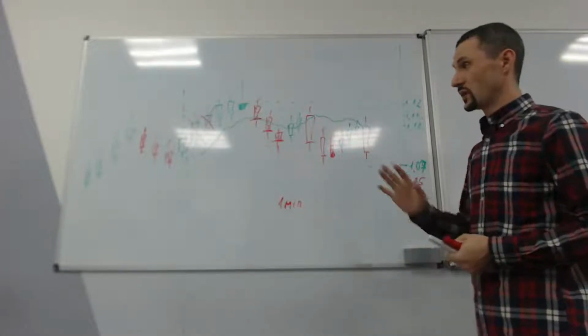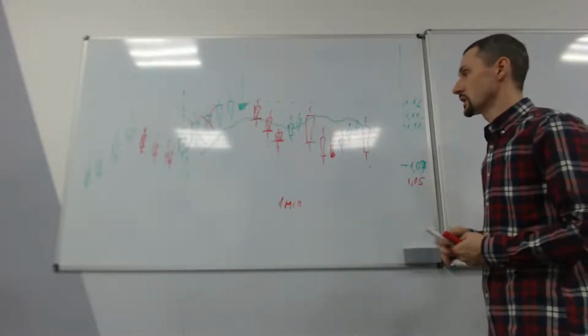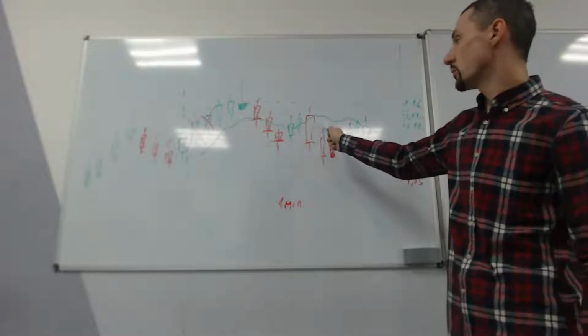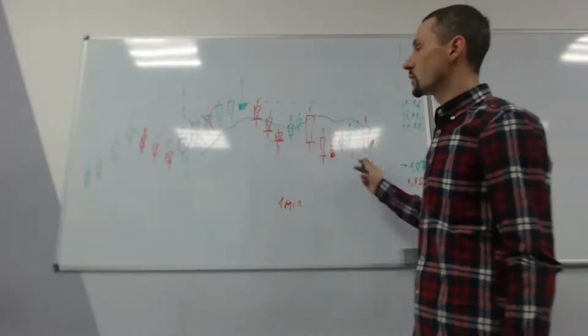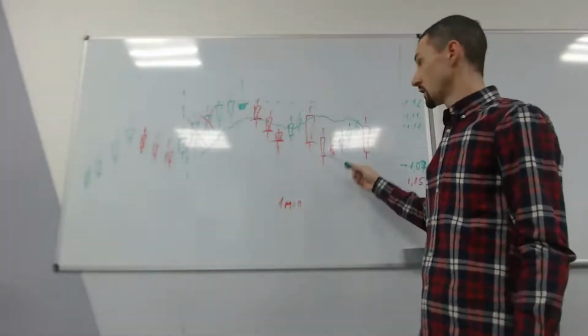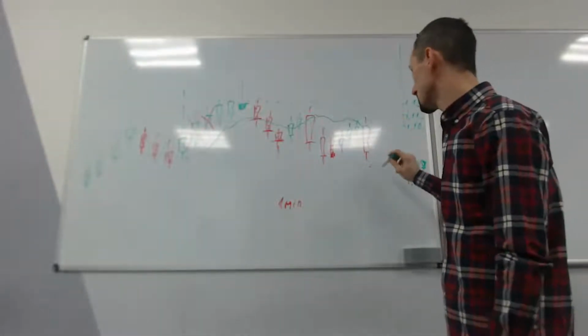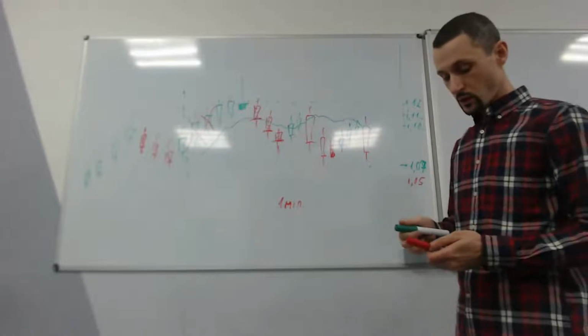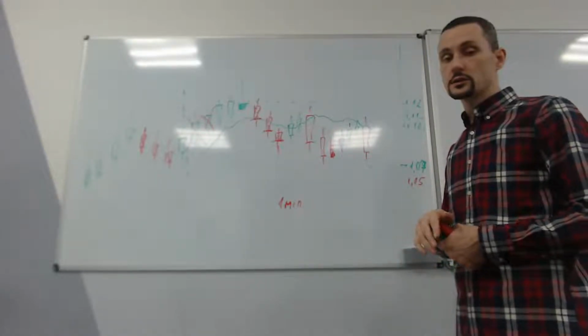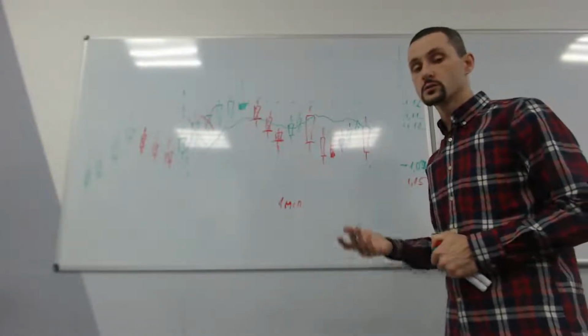But mostly you should understand that when the moving average is upper, when the average price of the whole period is higher than the price now, there is more probability to move down.